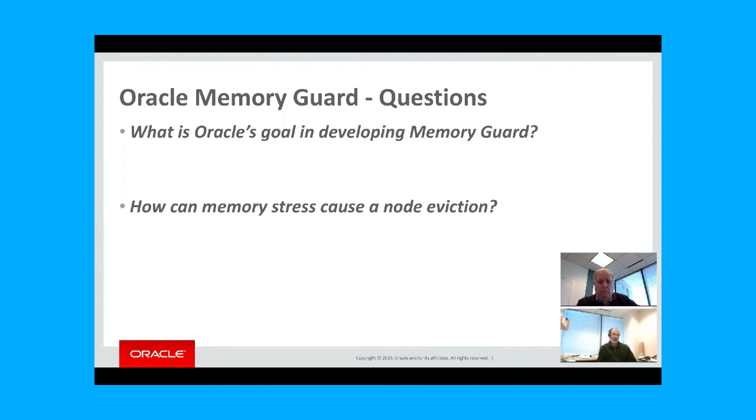The clusterware stack in particular has node management and node membership tasks that have to be addressed in a timely manner. If the cost of freeing up memory goes up, then some of these tasks can be impacted in their scheduling. Because of the critical nature of those, we have timeouts in the clusterware stack that we use to say, look, this node isn't responding adequately, so we're going to protect the rest of the cluster by evicting that node, or similar things at the instance level.